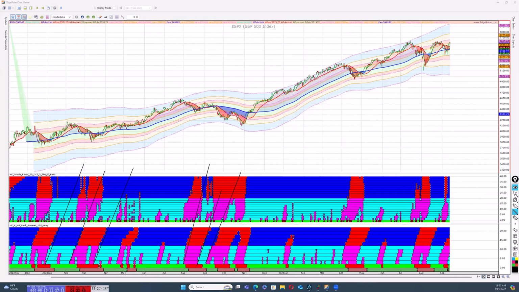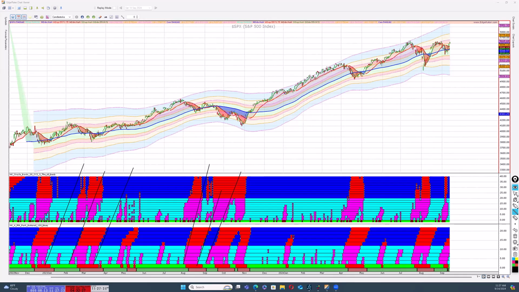All indicators, or mostly ones that are in charting programs, have lag in them. They're a little late getting into the trade, 1 or 2 bars. They're a little late getting out of an indicator by 1 or 2 bars.